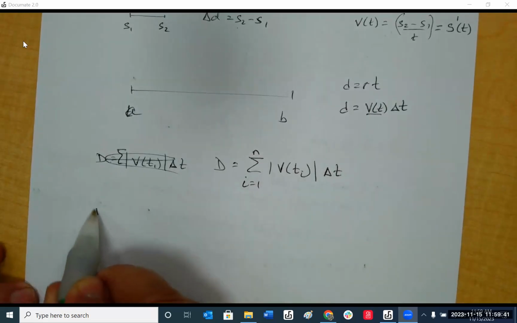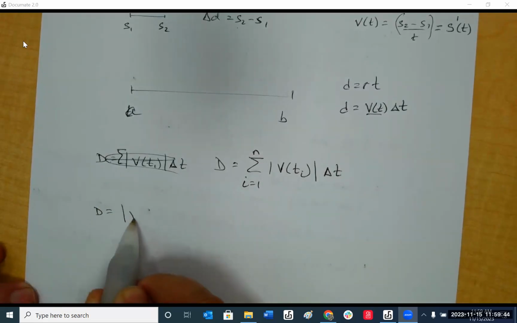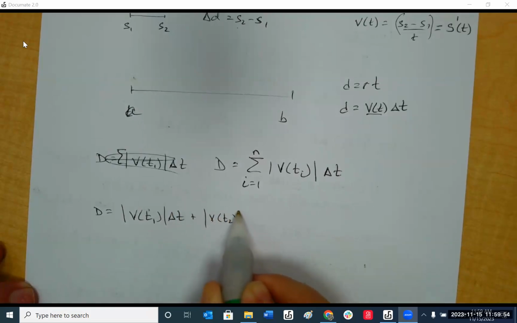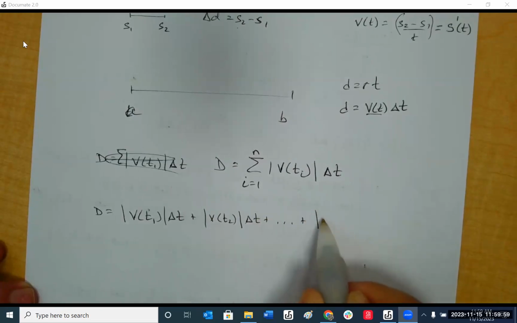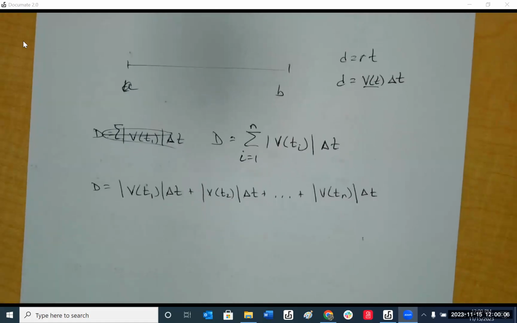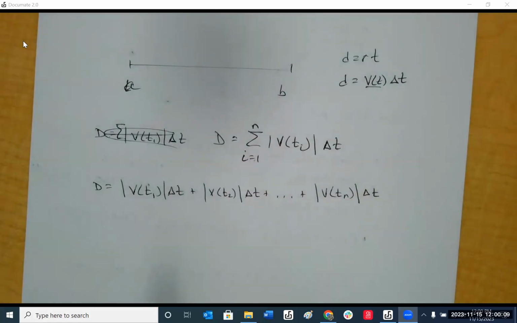Because all of this means the velocity at time interval 1, plus the velocity at time interval 2, plus the velocity at time interval n. That's what it's saying, because we're going from 1 to n. So let's look at example 2.